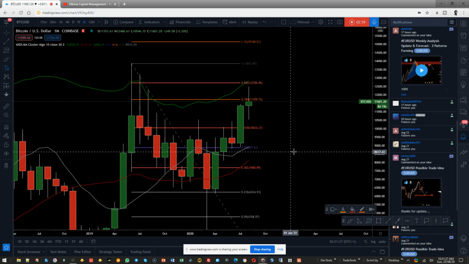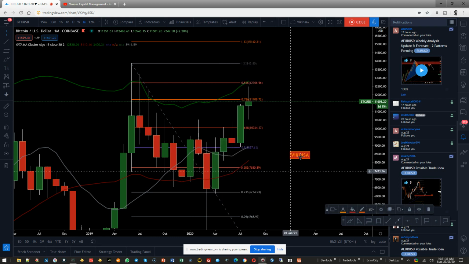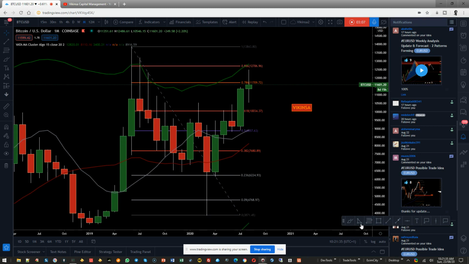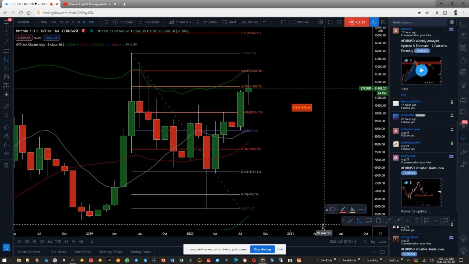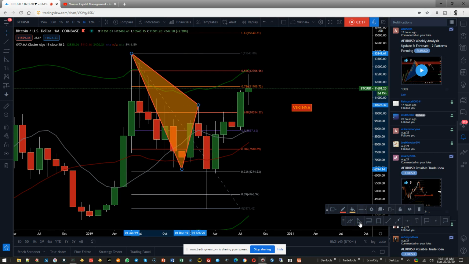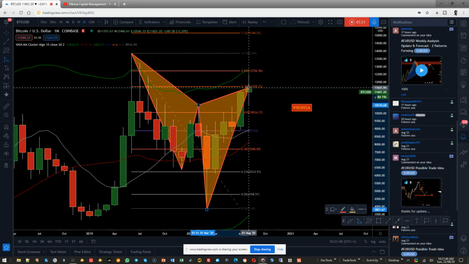Now when these patterns complete, they create very high probability zones. So we should first see what kind of pattern it is. If I draw it like this, the pattern looks like a stepper pattern which completes at 78.6.